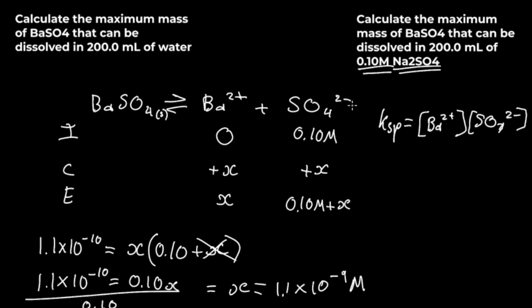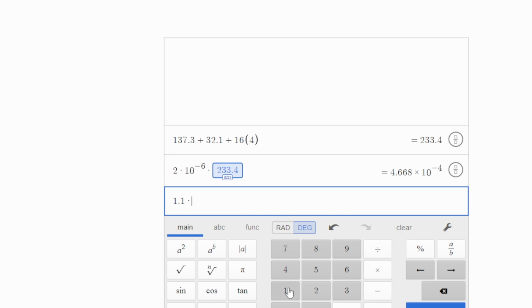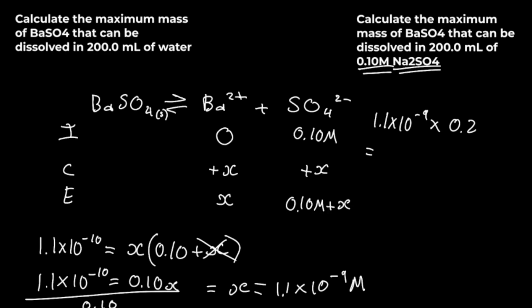From here we would just do the same thing that we did in the last question. So we would do 1.1 times 10 to the negative 9 times 0.2. That would give us our moles, so that gives us 2.2 times 10 to the negative 10.